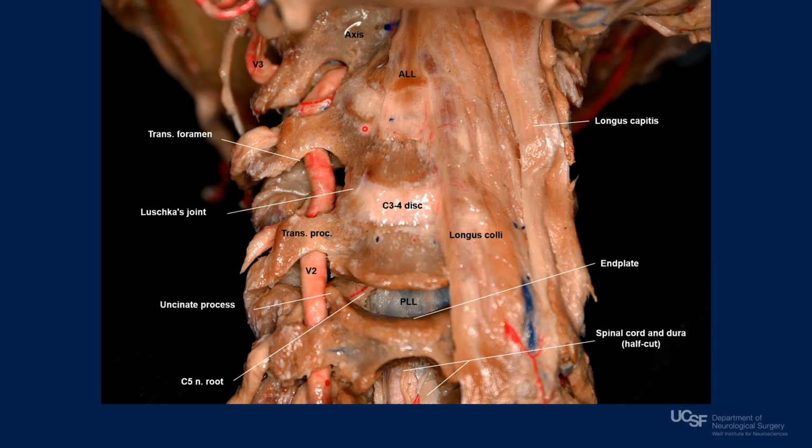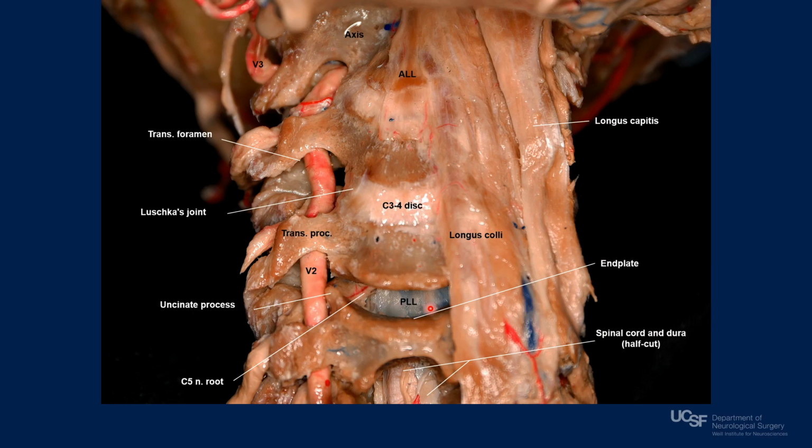occipital bone. We see the V2 segment of the vertebral artery traveling through the transverse foramen. We see the anterior tubercle and posterior tubercle of the transverse processes, nerve roots, and we see the V3 segment of the vertebral artery.